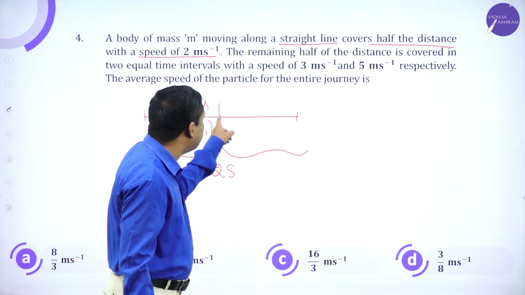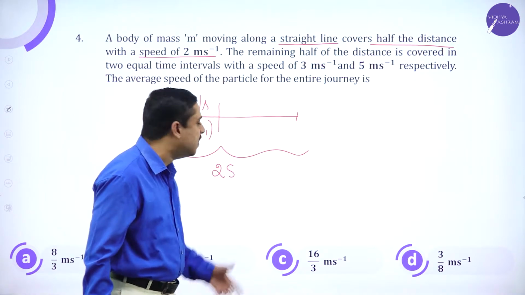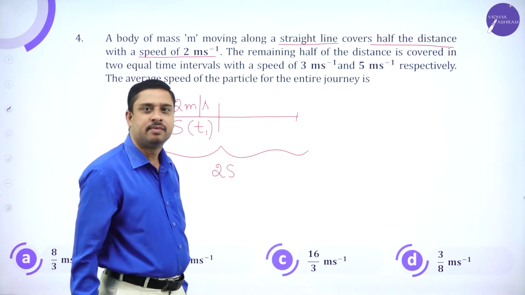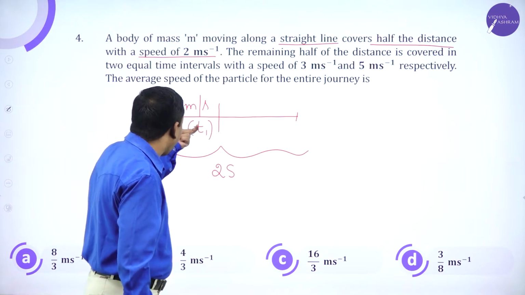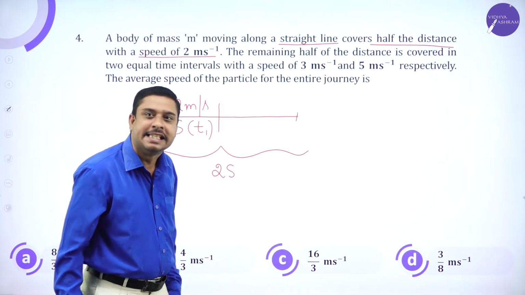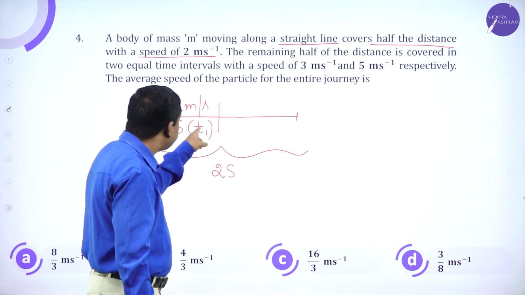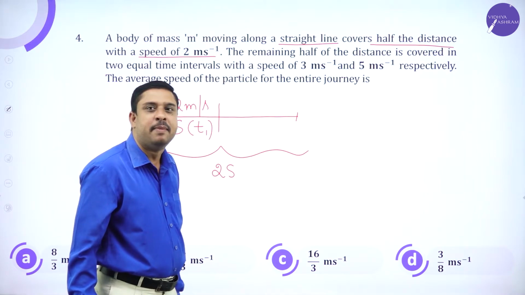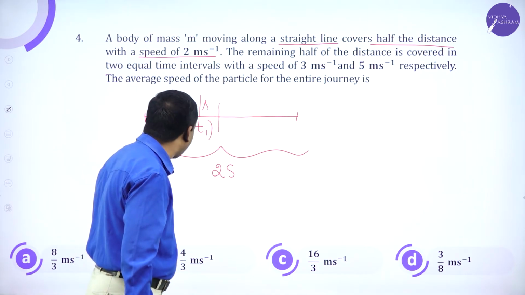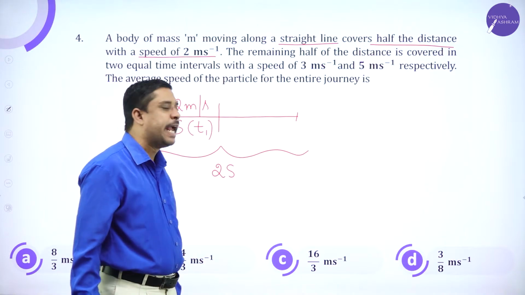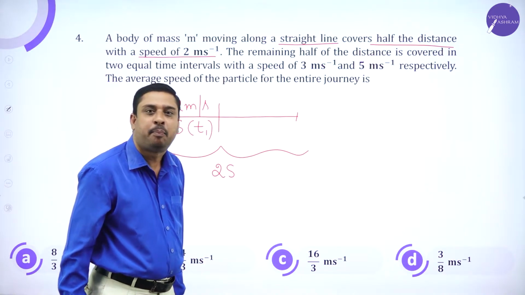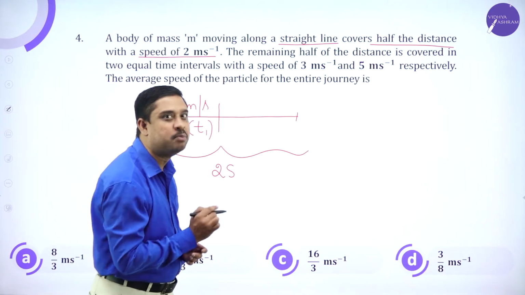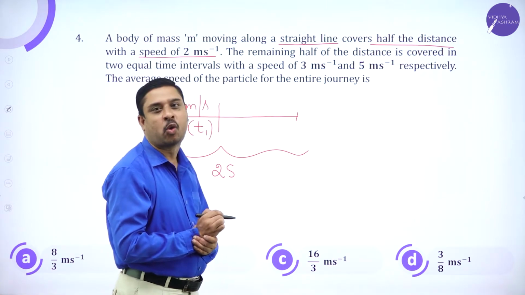So total distance traveled is 2s. Half of the distance is s, covered in a time interval t1, speed 2 meters per second. Now comes the twist for the question.